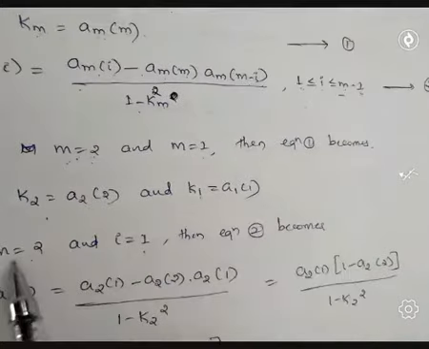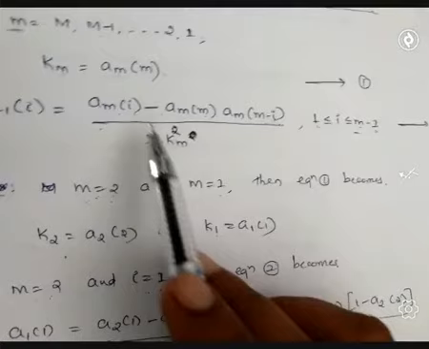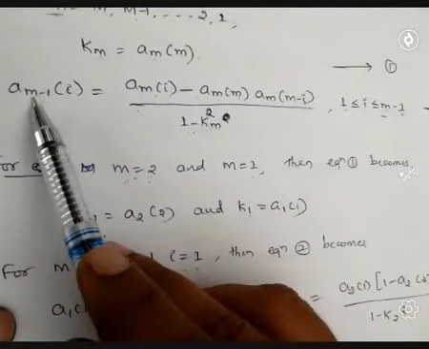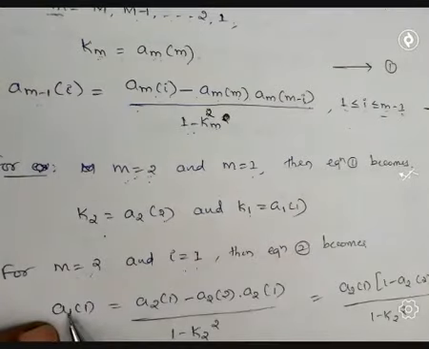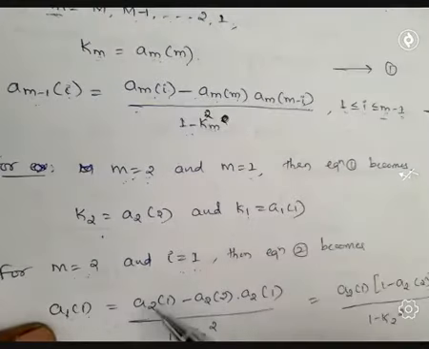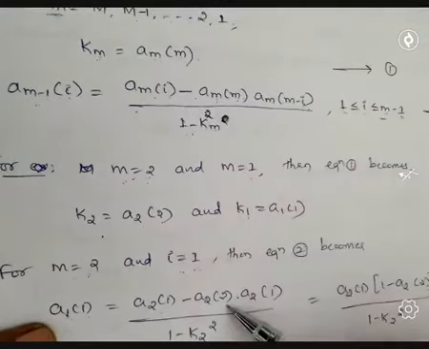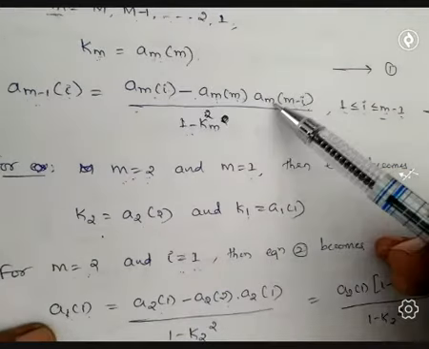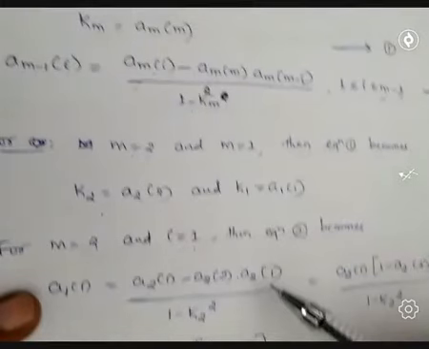For M equal to 2 and i equal to 1, the equation becomes: M is 2, so 2 minus 1 is 1, A1 of 1 equals A2 of 1 minus A2 of 2 multiplied by A2 of 2 minus 1, that is A2 of 1, divided by 1 minus K2 square.